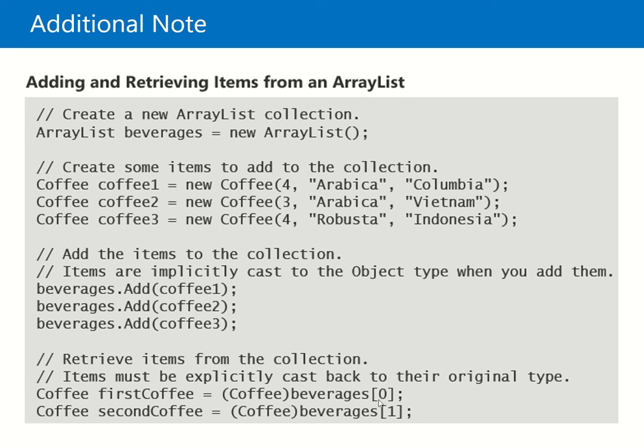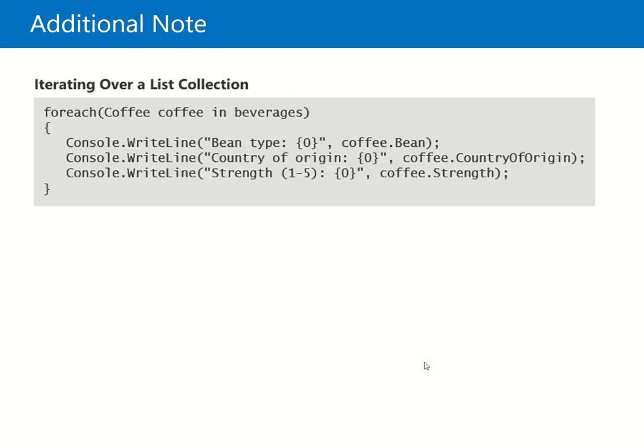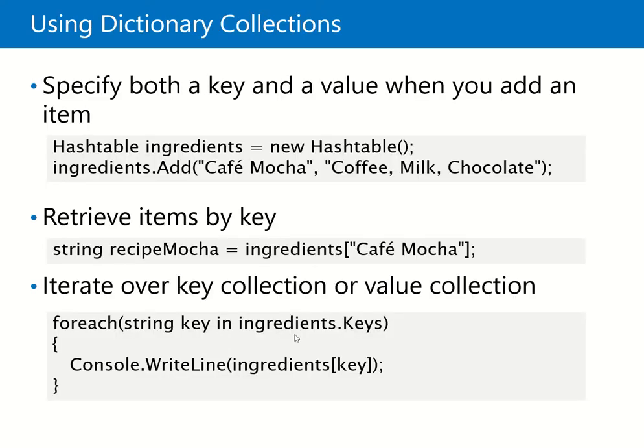In the list you don't need to specify the key anymore. The key by default is the array number, so beverages 0, beverages 1, beverages 2, beverages 3, and so on. So this is the key, and the value is whatever value belongs to that particular object. Unlike a list, in a dictionary you can specify the key explicitly.